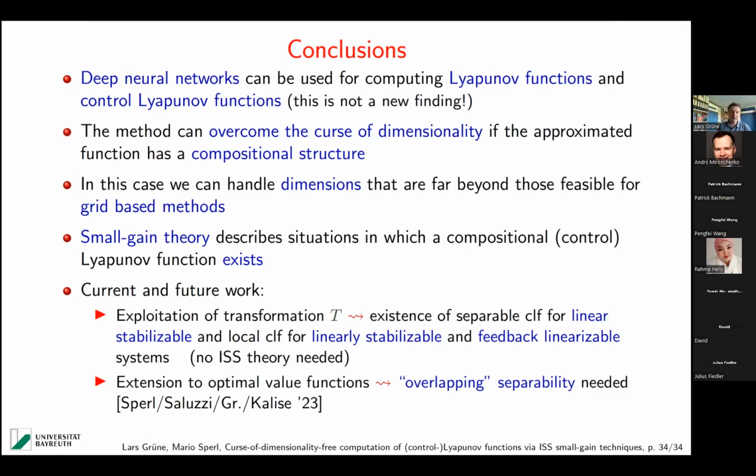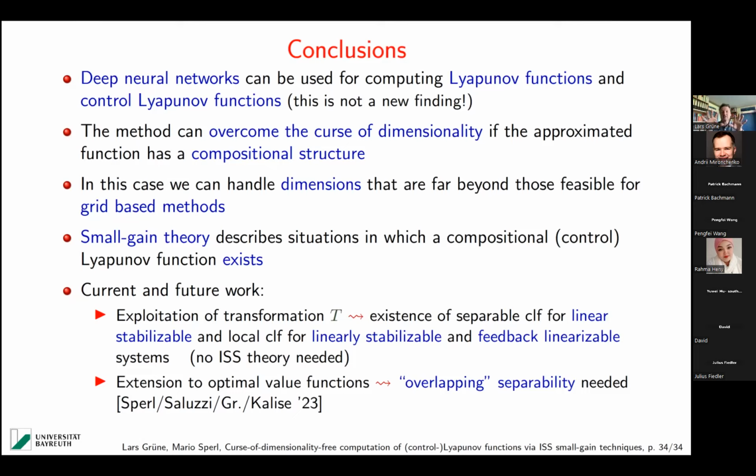But what we have found out is that under certain conditions, which are not too optimistic to expect, we can actually overcome this problem by looking at not separability, but what we call overlapping separability. This means that the variables do not only appear in one of these functions in the sum, so in the v1, v2, v3, but some variables appear in several of them. Just the number that at most appears is still bounded, right? So we have this overlap.